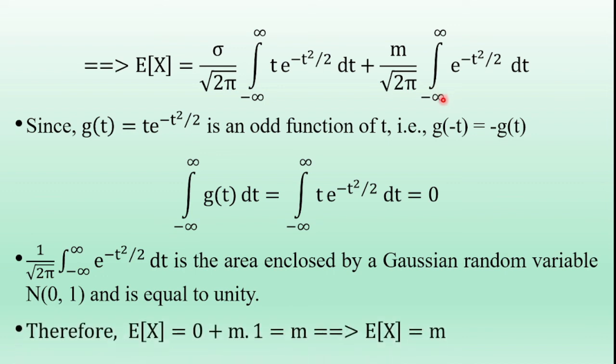Therefore expectation of X is equal to 0 into 0 plus m into 1. So the mean value of the Gaussian random variable is m. This is the derivation of the mean value of a Gaussian random variable.